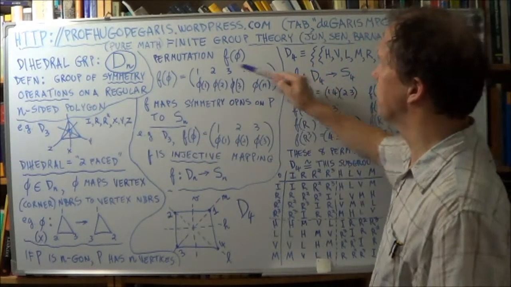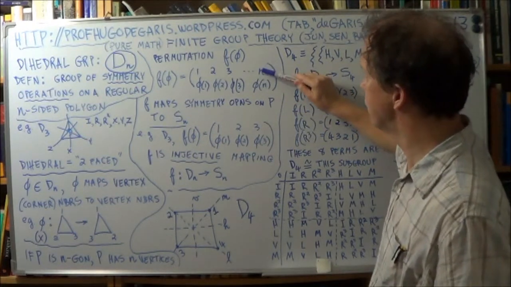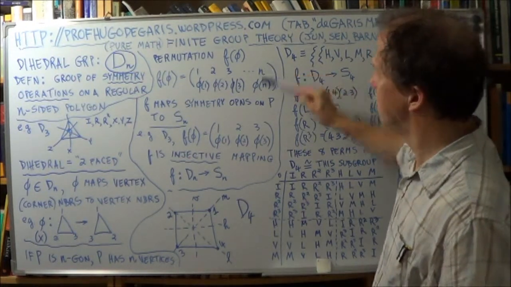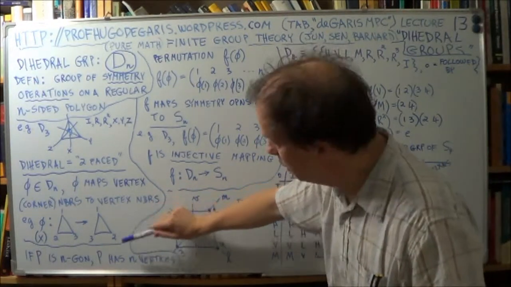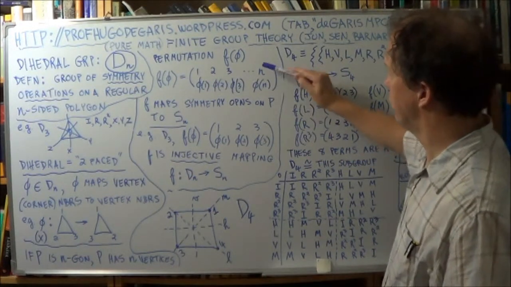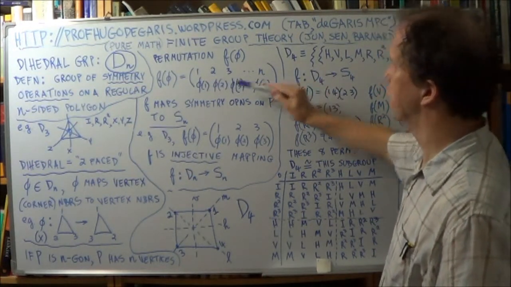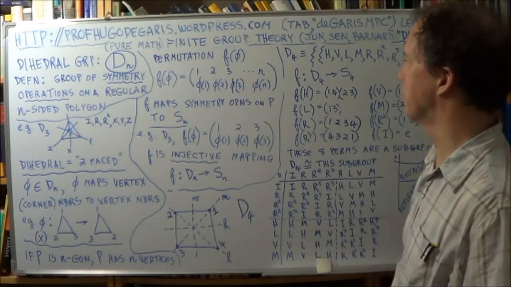This is the more general case, but it's the same idea. So this is vertex number n in an n-vertex, n-corner polygon, and that vertex number gets mapped into some other vertex number. And these must all be different, of course.